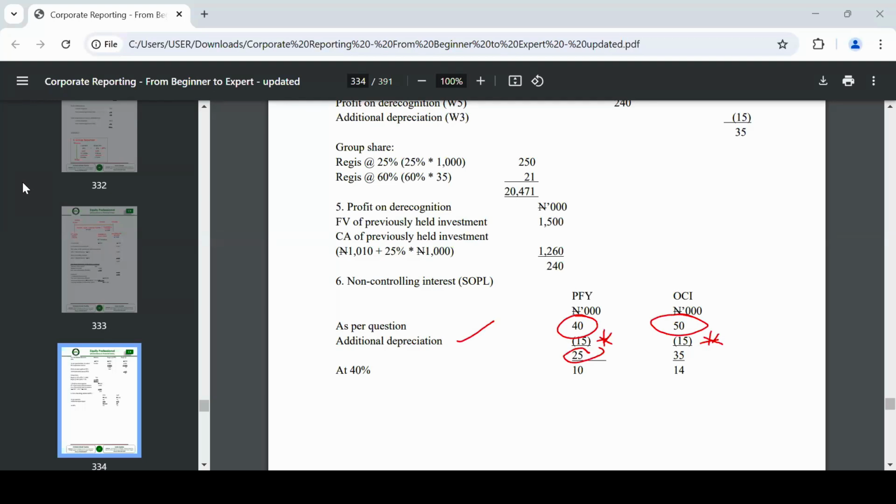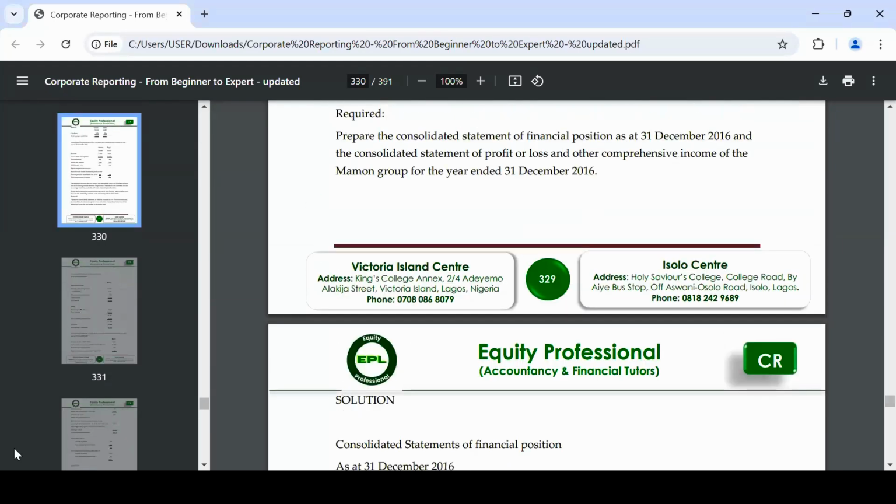What is left here is what NCI is going to get as its own share of profit. They get 10 for profit for the year. They get 14 for OCI.